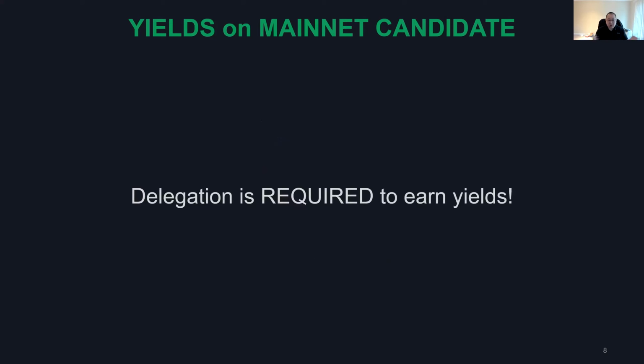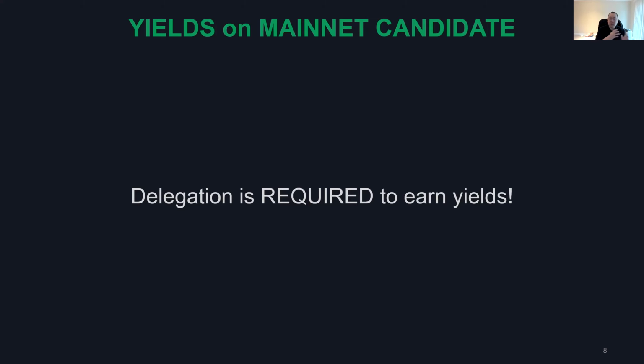So very important here is that delegation is now required to earn yields, which means if you stake and you don't delegate, you don't earn any yields, right? So you have to start delegating in order to earn yields. This is very, very, very important. Staking doesn't mean anything if you're not putting that stake to work, right?